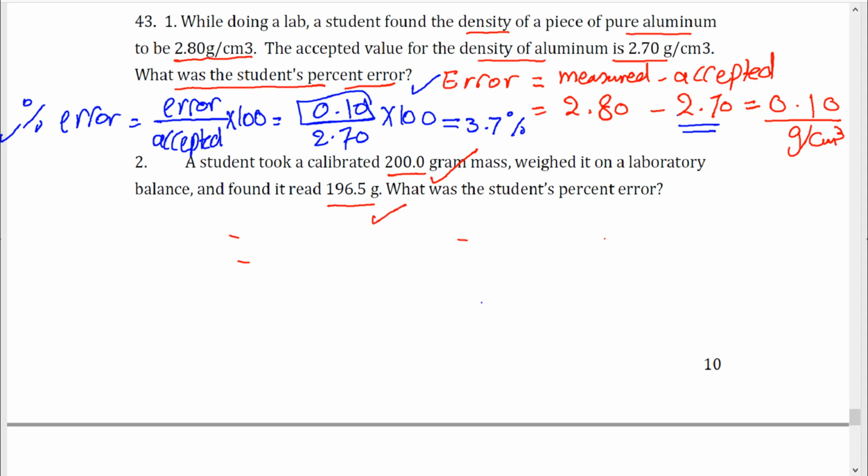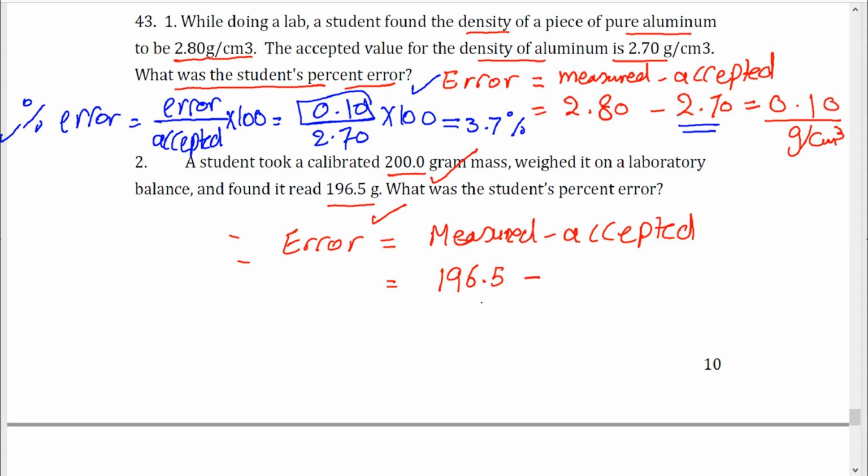So we are going to work normally: calculate the error, which is equal to the measured value minus accepted value. The measured value is 196.5. The accepted one is 200. You will get a value of minus 3.5.